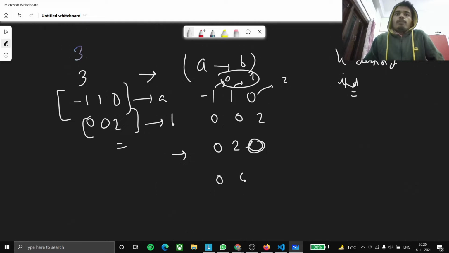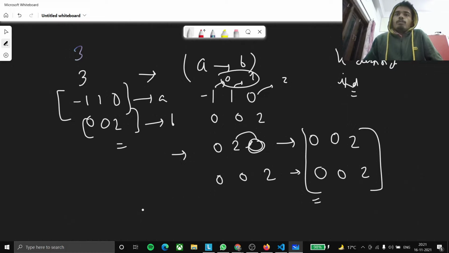And what we have to get is 0 0 2. So to convert this to this, we just have to swap, which is well within our rights as mentioned in the question. So these two become equal and we could output yes.